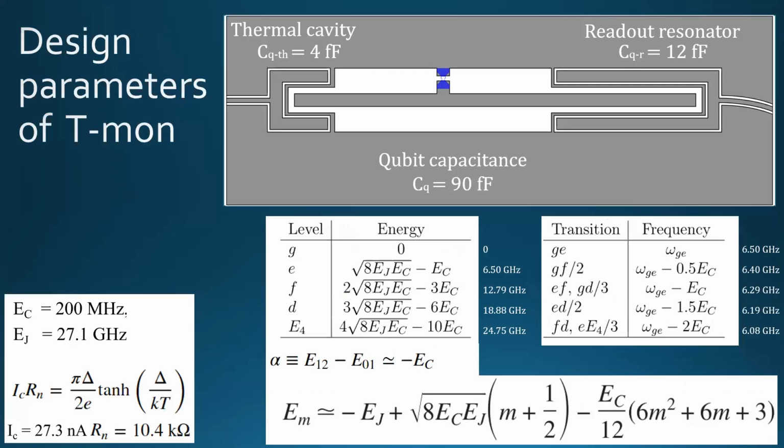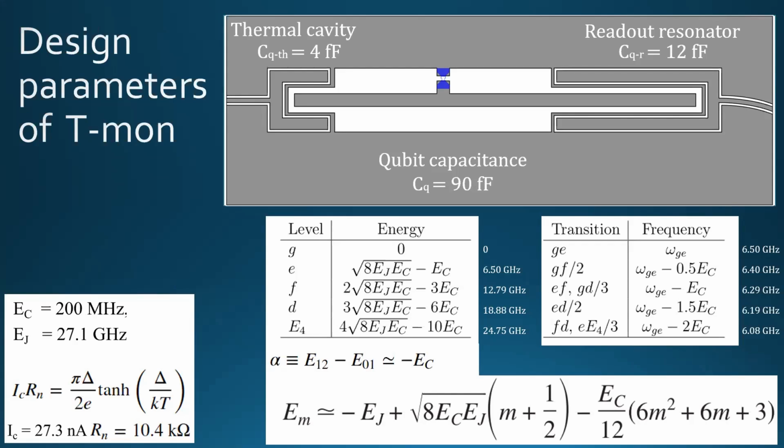So these are design parameters of the qubit, which I wanted to get. The 0-1 transition frequency should have been 6.5 gigahertz.